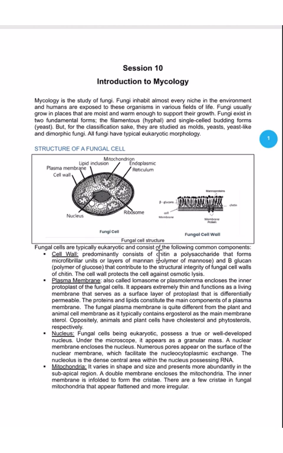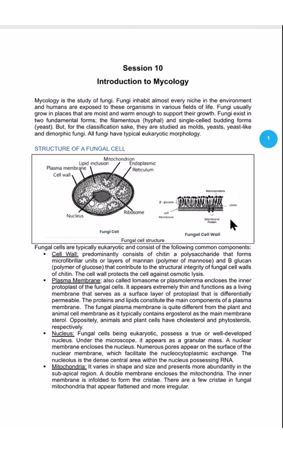It consists of chitin. Chitin is a polysaccharide that forms microfibril units, small fibers that are connected together and form a mesh that helps in increasing the rigidity and the resistance of the cell wall.